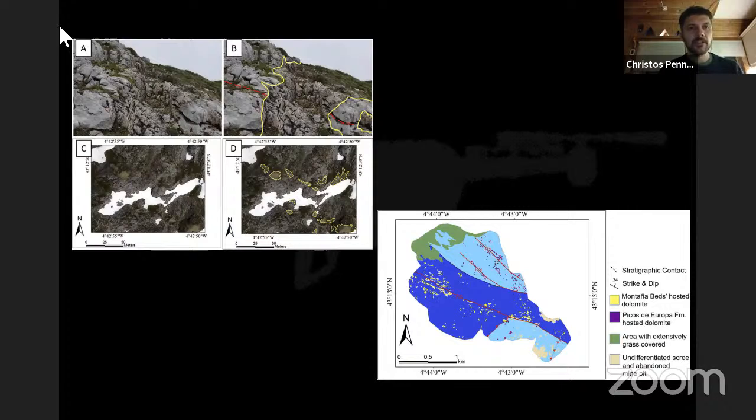So here you can see how the area looks, and by using these high resolution images, they were able to identify these different, probably dolomites intruding in between the marble. And here is another result map that they were able to construct by the use of their data.